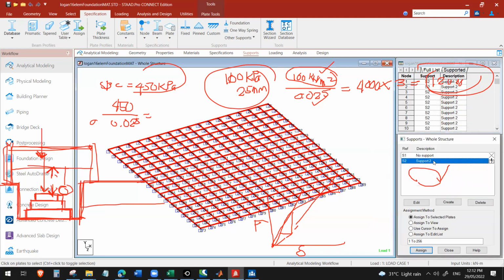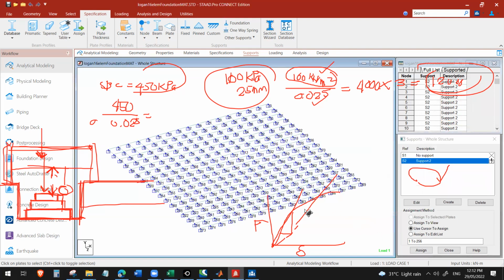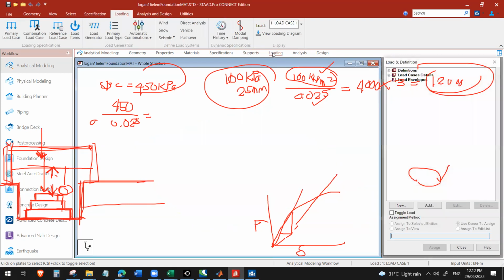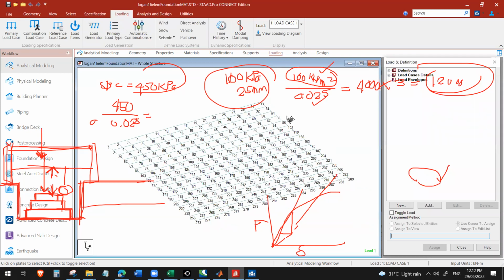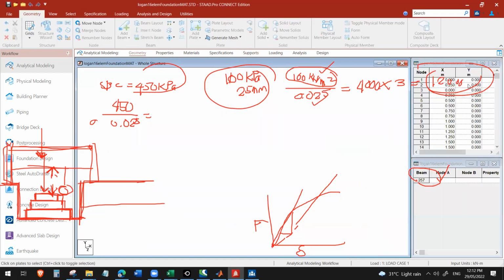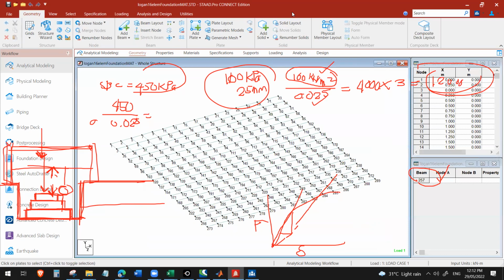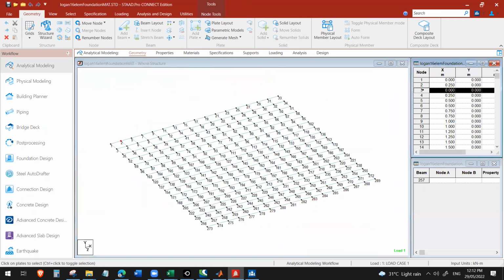Once you do that, select all the plates and then assign. And then for the loading, okay, geometry, by the way, to show you, this is our element, 0.25 by 0.25.